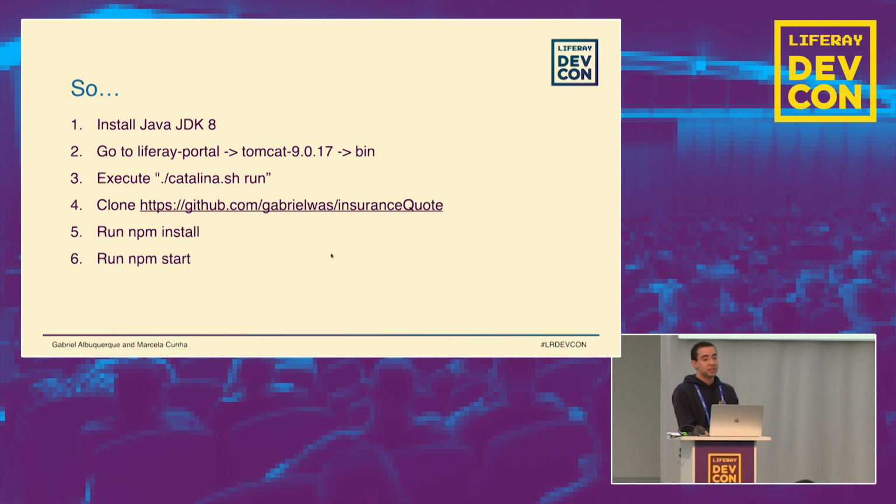First, you must have a Java JDK 8 on your machine to run our Liferay Portal CE bundle. Will a more modern Java version work as well? No, it's just 8 and 11. I think the portal works with 8 and 11.